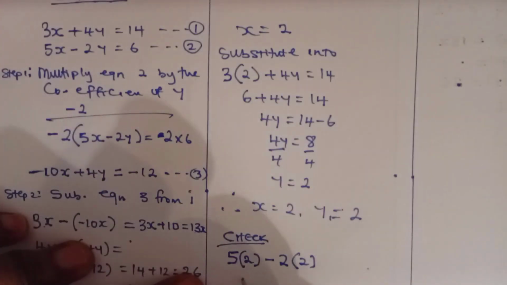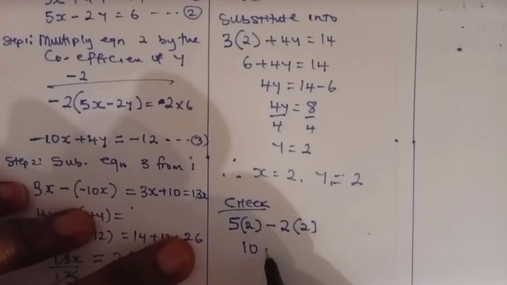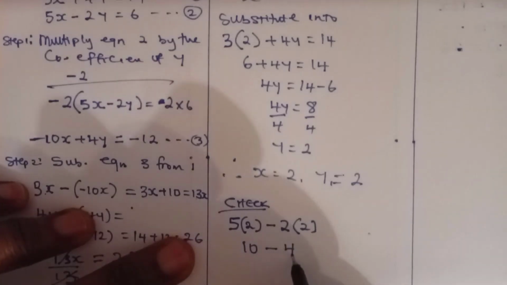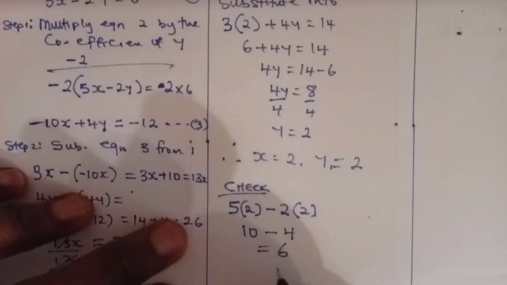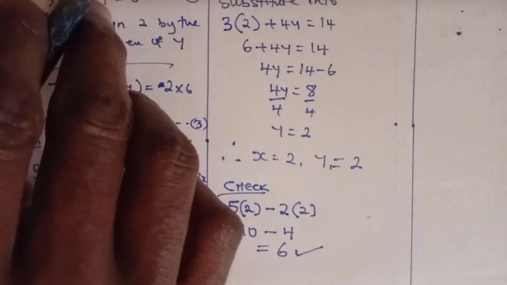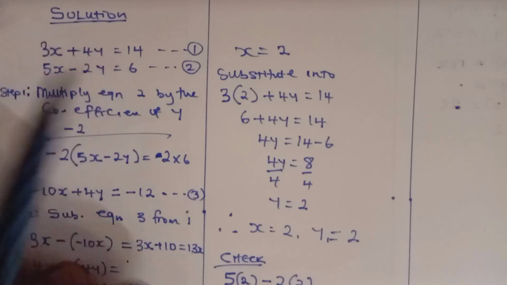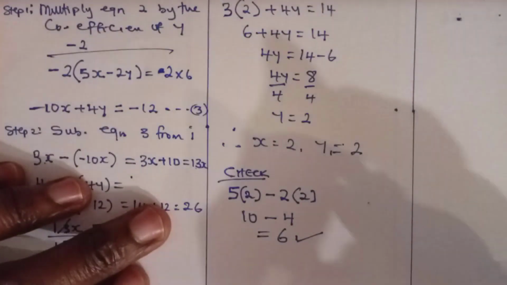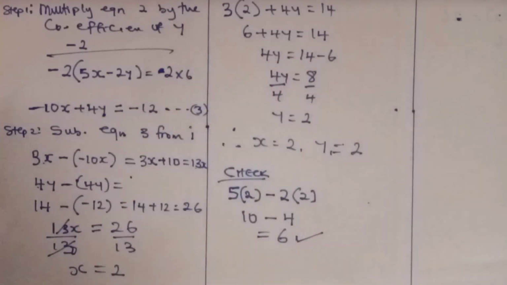So 5 times 2 is 10, correct? Minus 2 times 2 is 4. 10 minus 4 is going to give us 6. So this is correct because you can see from here that 5x minus 2y is 6. So this is the elimination method of this very problem.